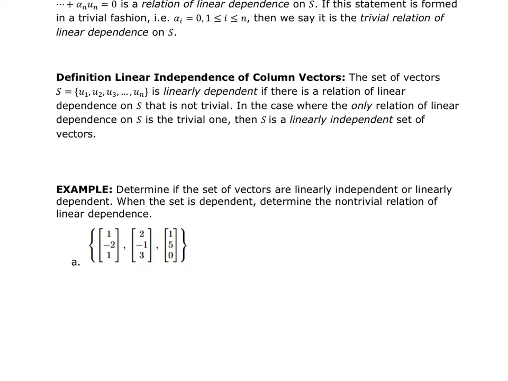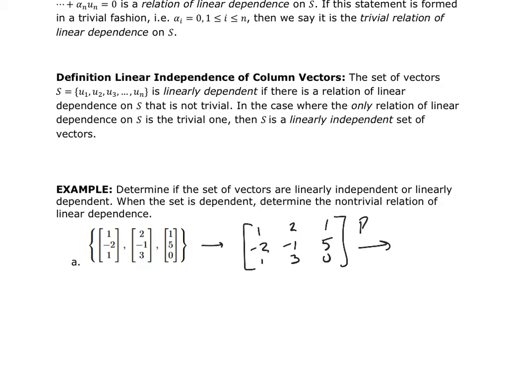If we're trying to determine whether this set is linearly independent or dependent, I take my vectors and put them into a matrix: 1, negative 2, 1, 2, negative 1, 3, 1, 5, and 0.